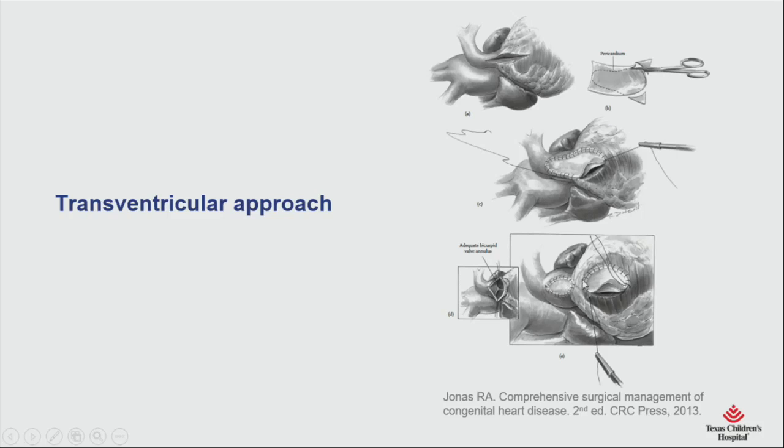You preserve the pulmonary valve, provided the pulmonary valve is adequate in size. Sometimes some groups have actually used balloons to open that up a little bit more. And then you put a second patch on the MPA if the MPA is small. Now, in this situation, you may preserve the pulmonary valve in some circumstances, but again, you're actually doing a ventriculotomy with the potential consequences in the long term.